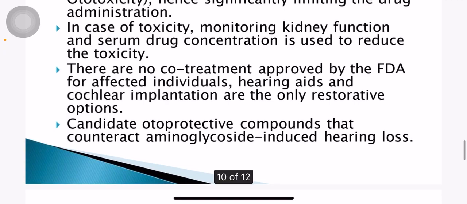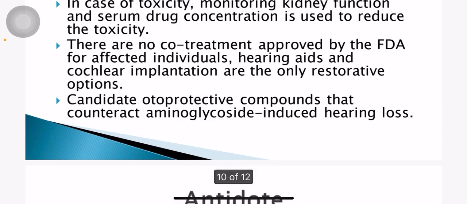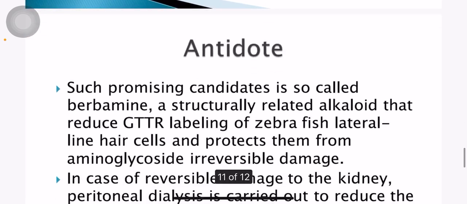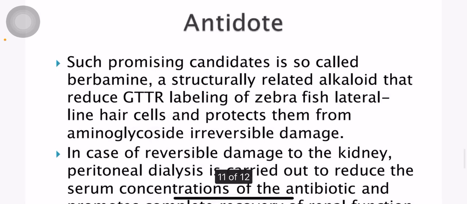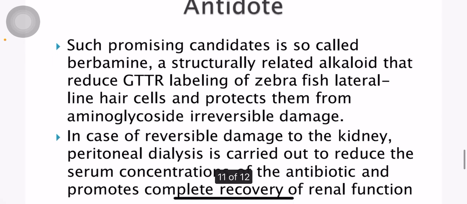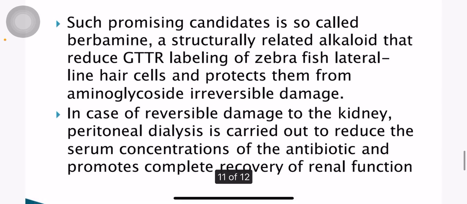Candidates, otoprotective compounds, are counteracting the aminoglycoside-induced hearing loss. One such promising candidate is berbamine, a structurally related alkaloid that reduces the GTTR labeling of zebrafish lateral line hair cells and protects them from aminoglycoside irreversible damage.